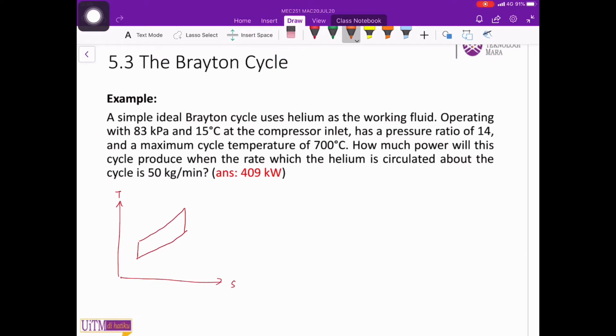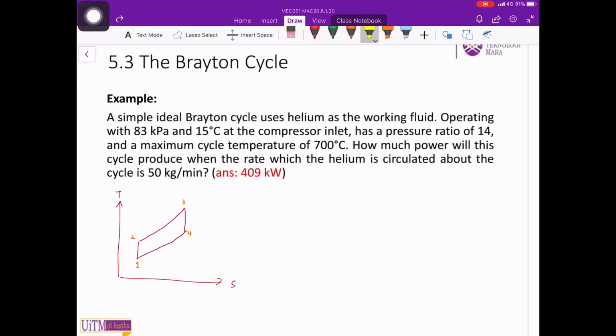So let's start the cycle with state 1 over here, which is before entering our compressor, and state 2 will be leaving our compressor and before entering our combustion chamber, and state 3 will be after leaving the combustion chamber and before entering our turbine, and state 4 is after leaving our turbine and before entering the constant pressure heat rejection process.